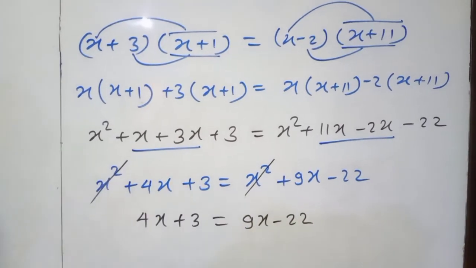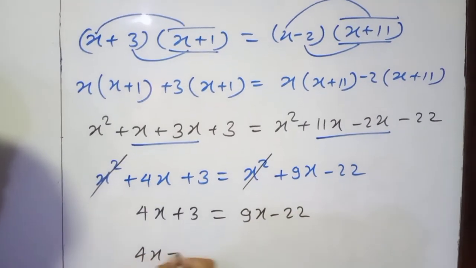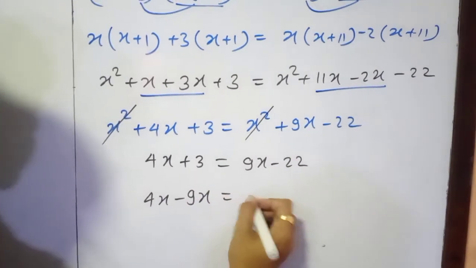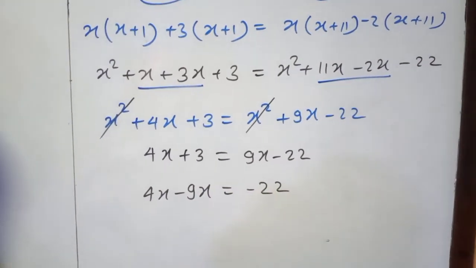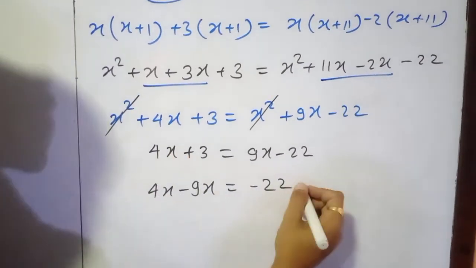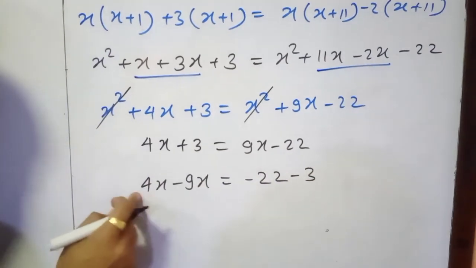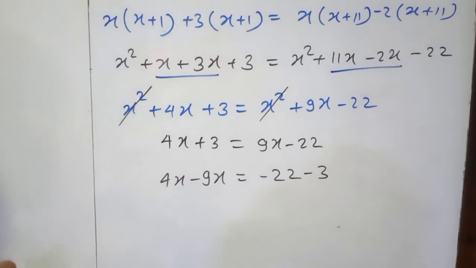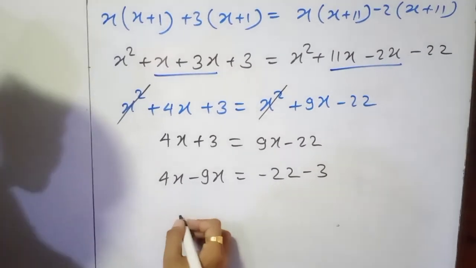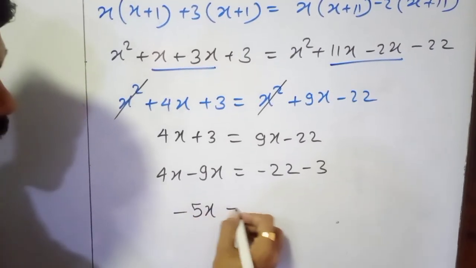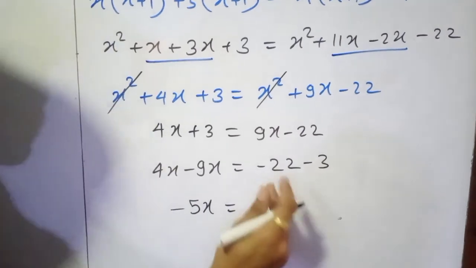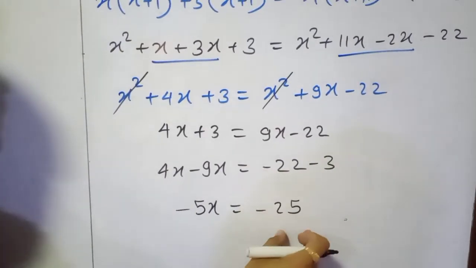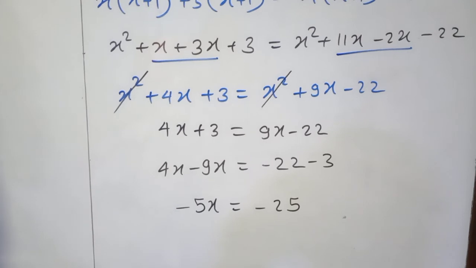Take this 9x to this side, 4x minus 9x is equal to minus 22, we already have, and this 3 also becomes minus. One plus and one minus, we have to do the subtraction, but take the sign of the bigger one. So that will become minus 5x is equal to minus 25. Both are minus, so add the numbers and put the sign of minus.